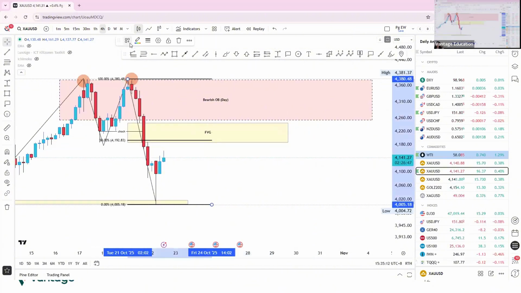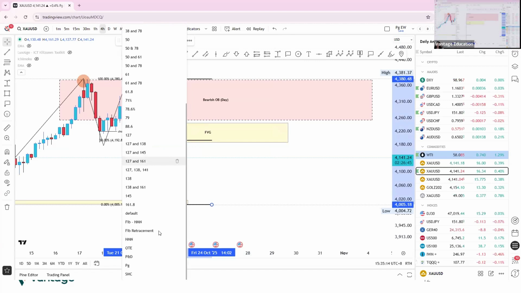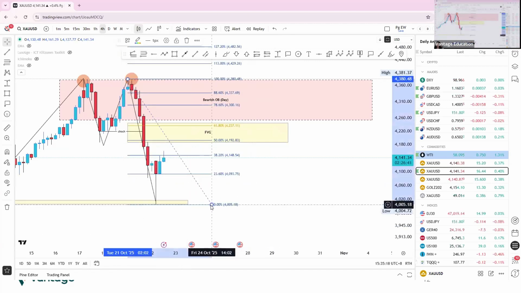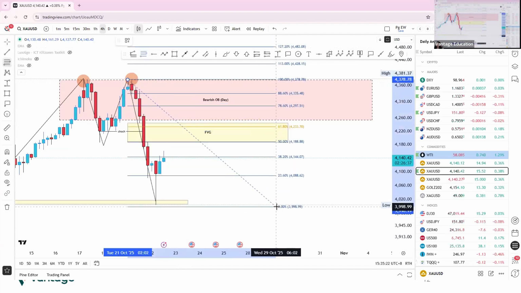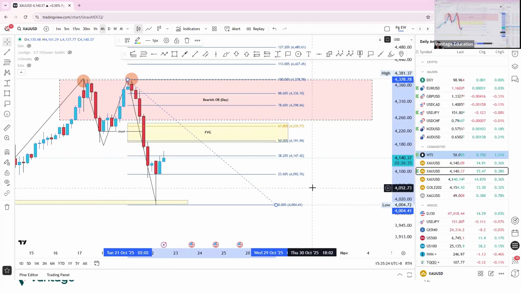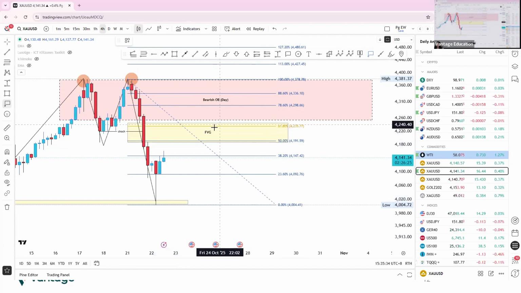And if we use the Fibo retracement, within our FVG right here, let's say we have 50% and 61.8%. So we're going to look for the sell entry.